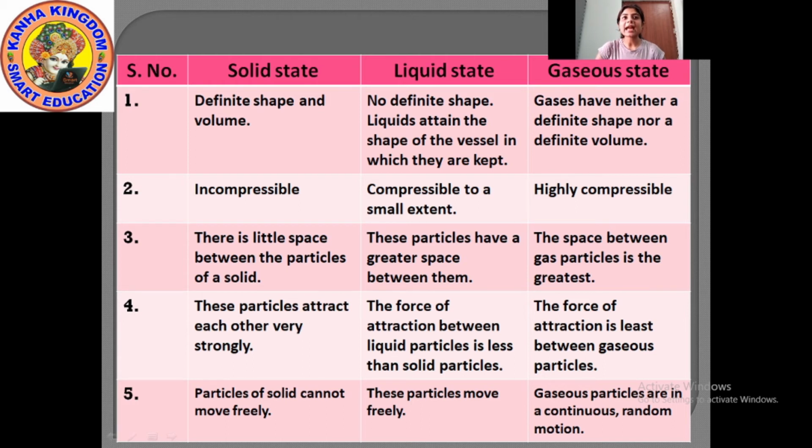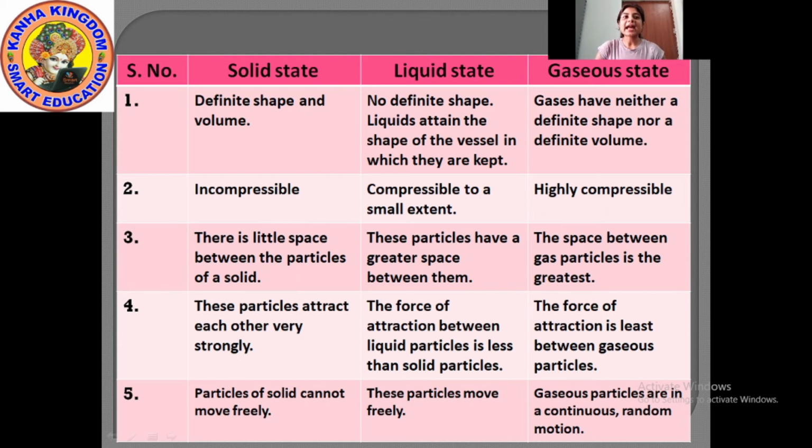Then liquid, the particles have a greater space between them. The intermolecular space is greater in liquid and the space between the gas particles is greatest. That means gas has more intermolecular space.